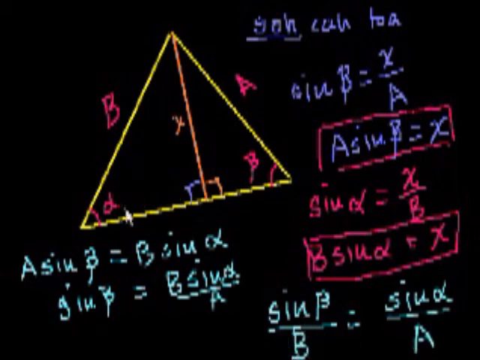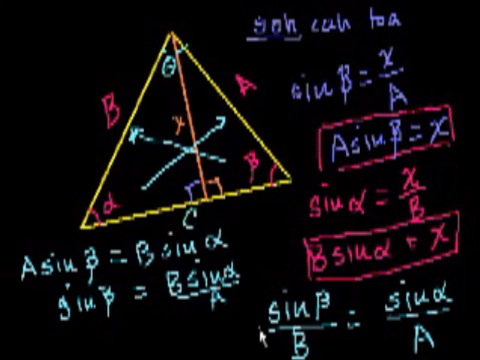Sine of beta over B is equal to sine of alpha over A. So this law is basically saying that the ratio of sine beta to B is completely equal to the ratio of sine alpha over A. So as a result, as I said earlier, you get the law of sines.